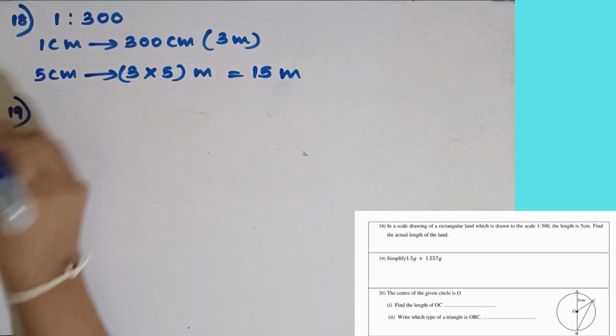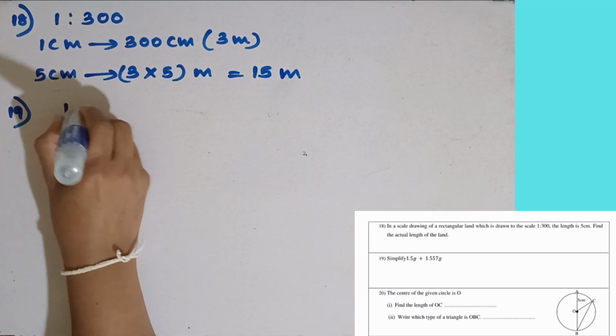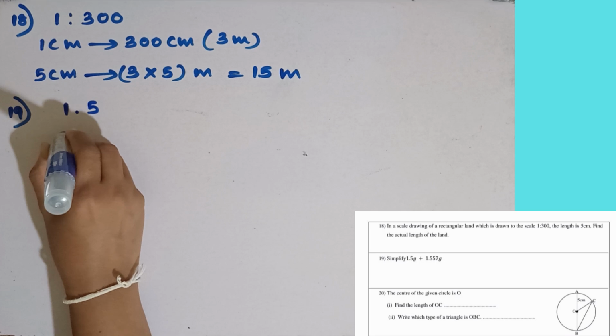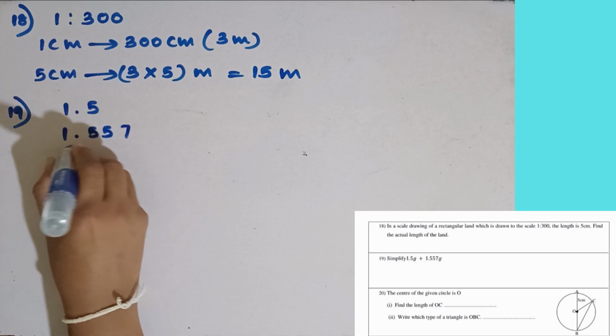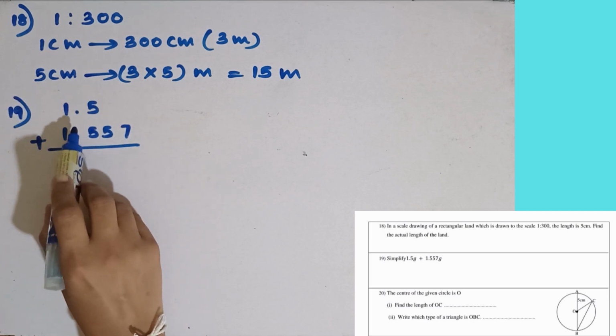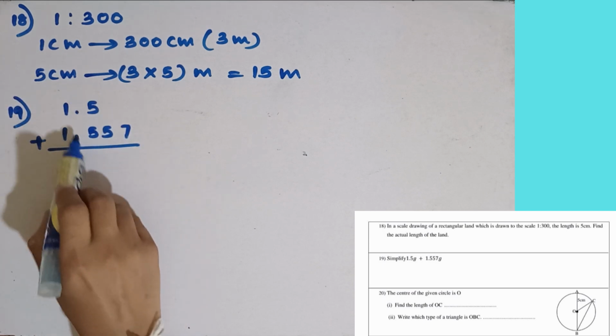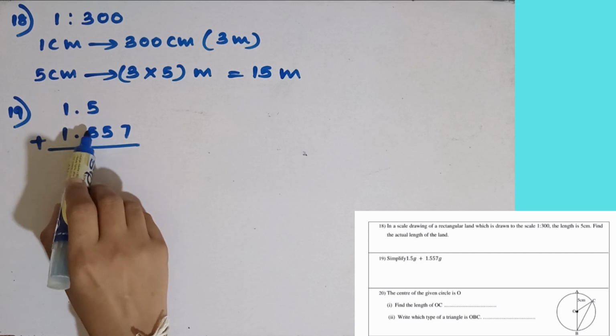Question number 19, we are given this to simplify. 1.5 grams and 1.557 grams. Addition. When adding decimal numbers, we have to write the decimal places one below the other like this.